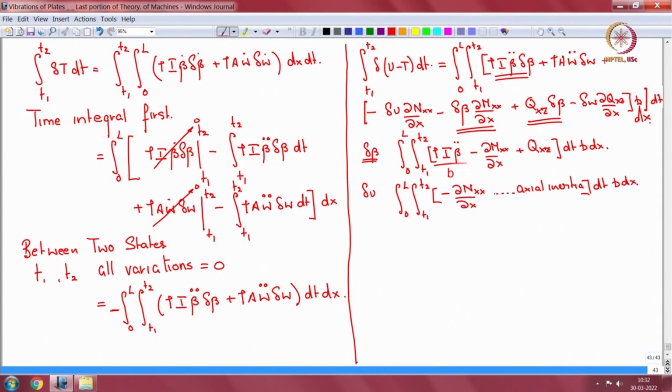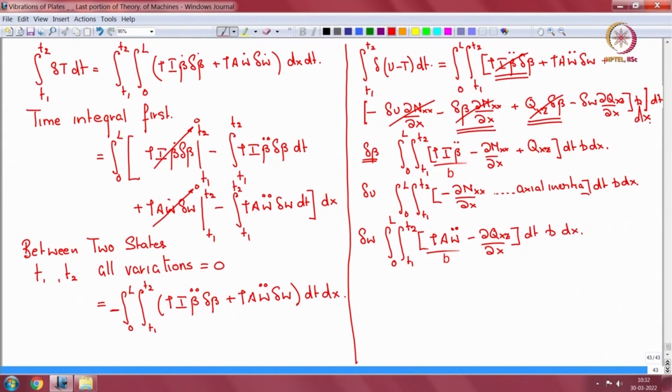So this is done, this is done, and then we have delta W, which is integral 0 to L, integral T1 to T2, rho A W double dot by B minus del Q_XZ by del X, dt B dx.